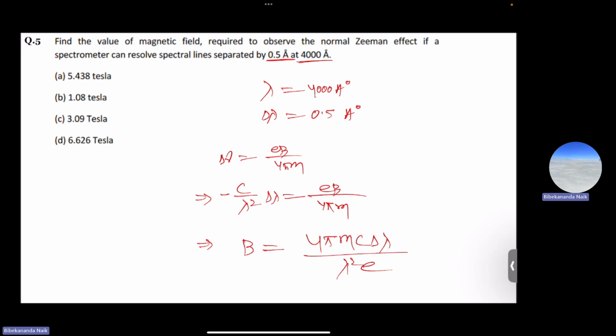So B will be equals to 4 into 3.142 into m, 9.1 into 10 to the power minus 31, into c, 3 into 10 to the power 8, into delta lambda.